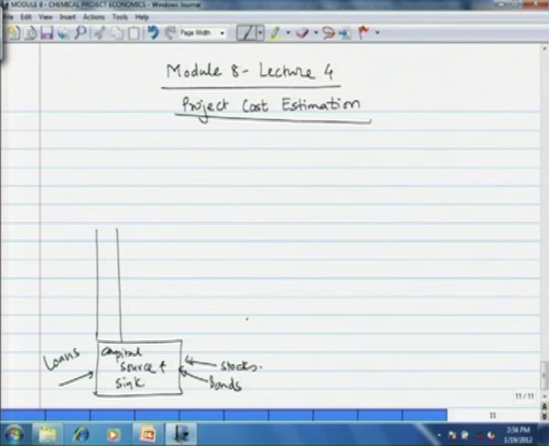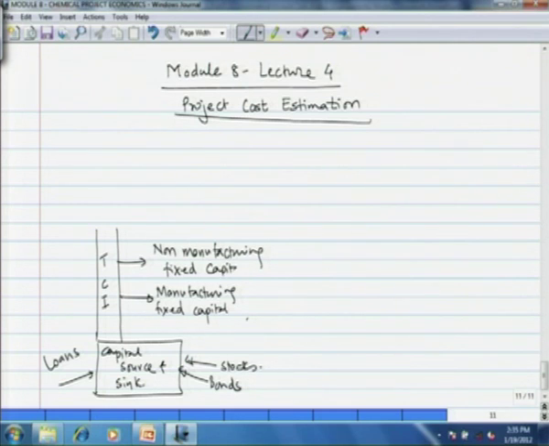First stem, that is the manufacturing fixed capital. These are the three components of total capital investment that I have denoted with acronym TCI. Then second stem is of non-manufacturing fixed capital. And the third stem is that of working capital.